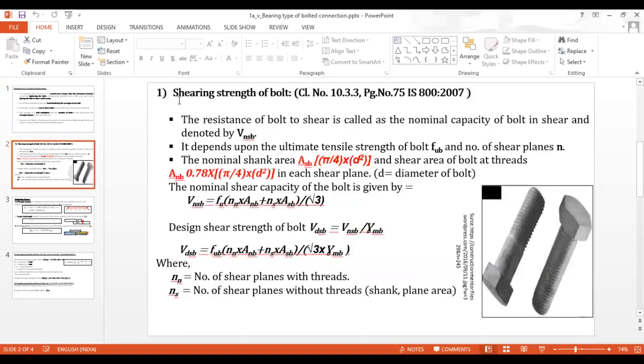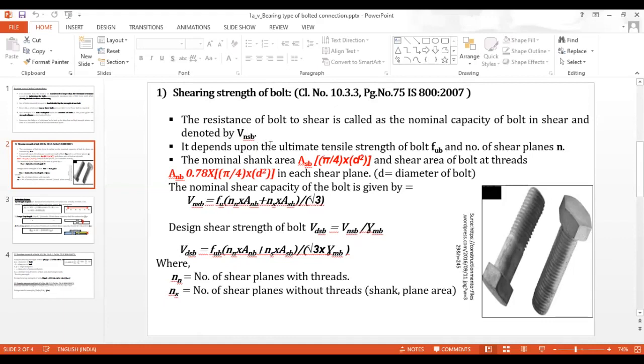Then we will learn how to calculate the strength in shearing, that is, the shear strength of the bolt. It is calculated from clause number 10.3.3, page number 75 of IS 800:2007. The resistance of a bolt to shear is called the nominal shear capacity of the bolt and is denoted by V_nsb.